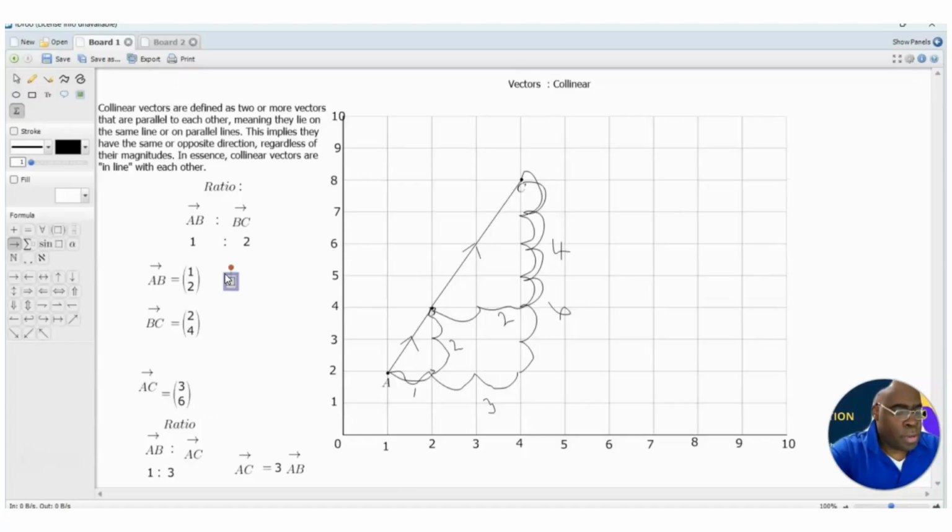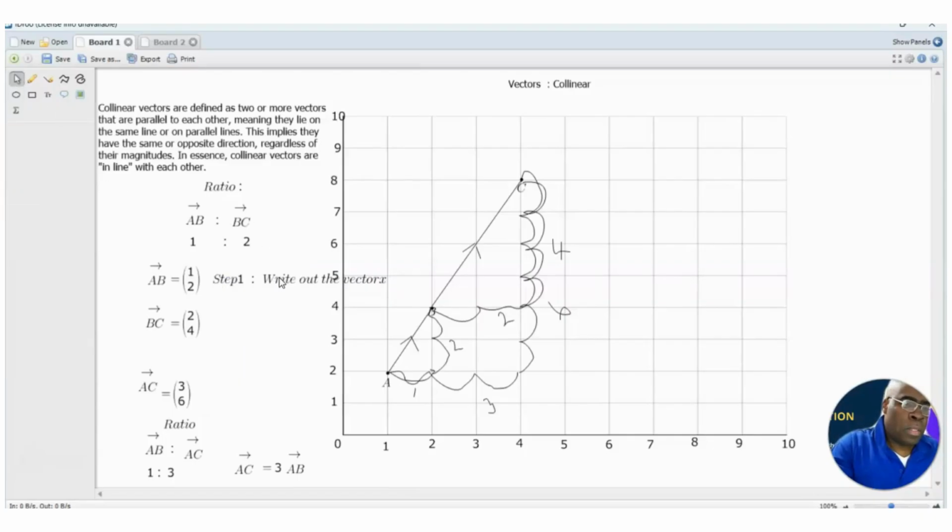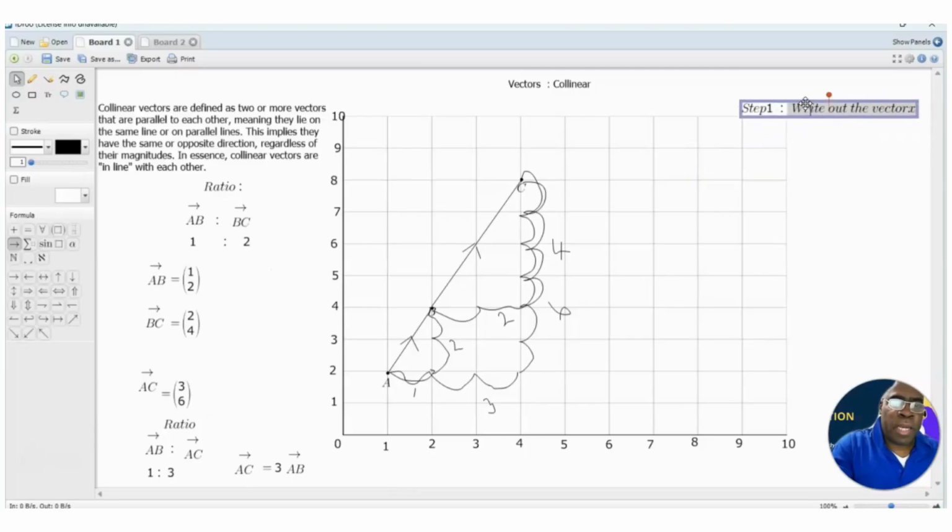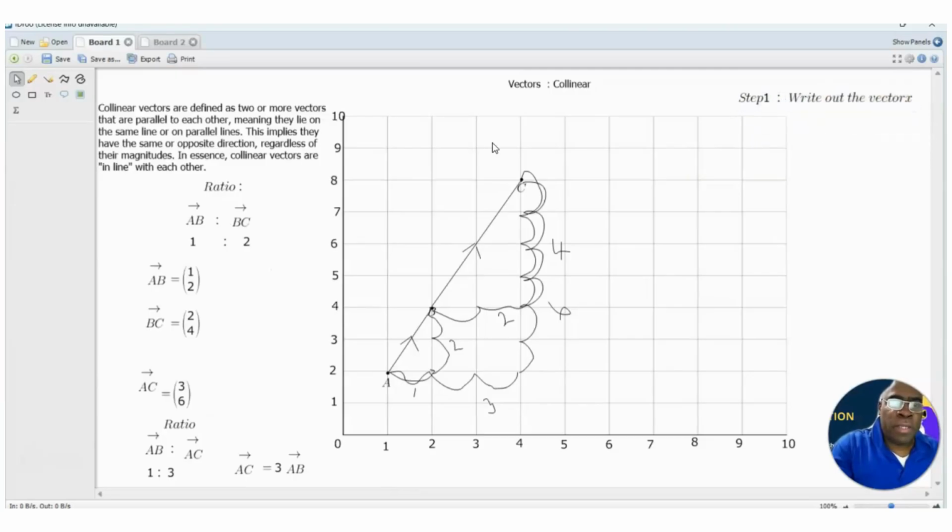Step 1, write out the vectors. Hope you can see the steps over this side.